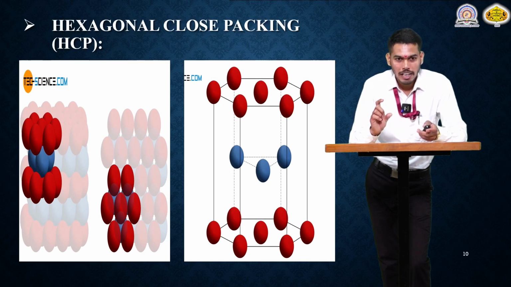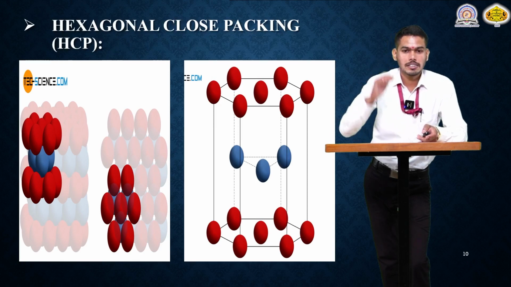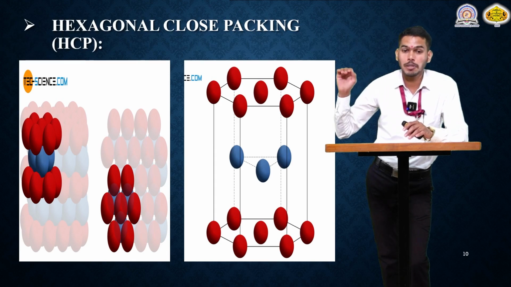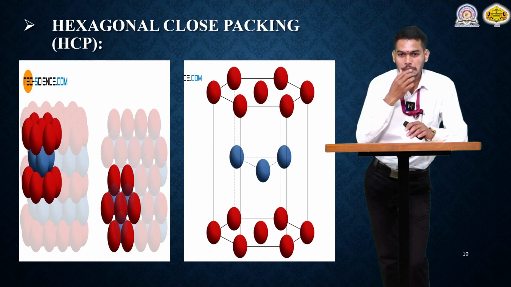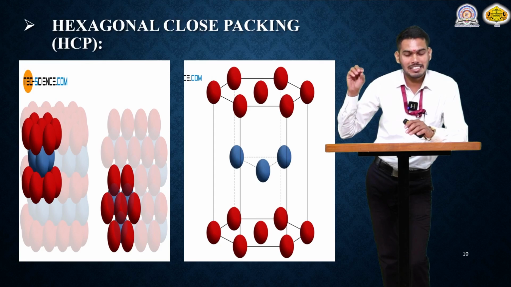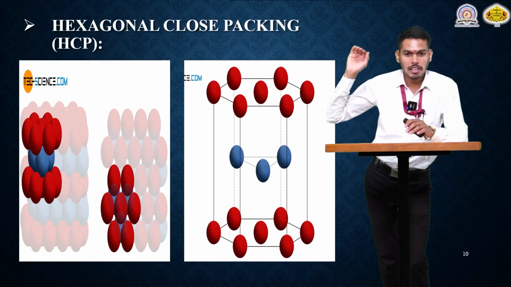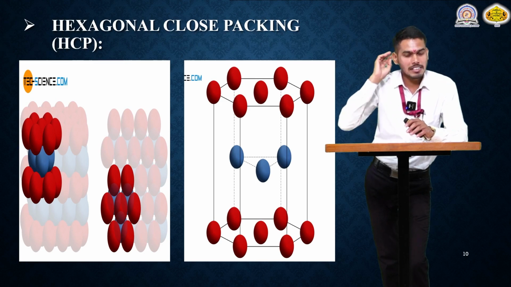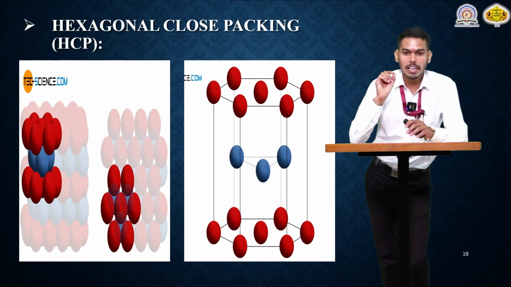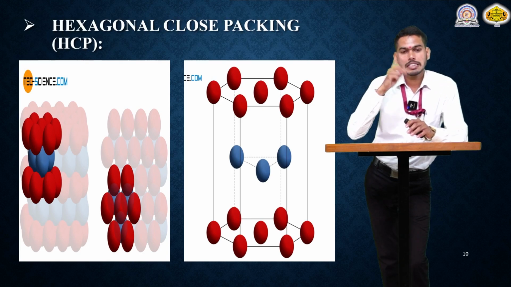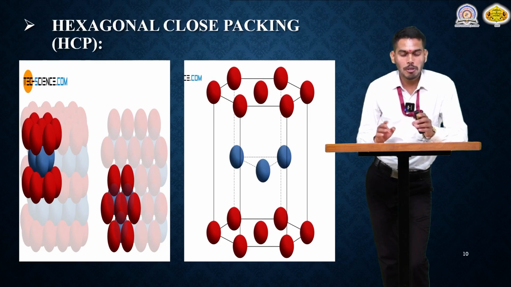If they are stacked on each other, we have a set of red atoms, then a set of blue atoms, then a set of red atoms again. In one plane we have 7 red atoms, then in the next plane 3 blue atoms, and then again 7 red atoms, forming an AB type of arrangement, which is also seen in the body centered cubic system.